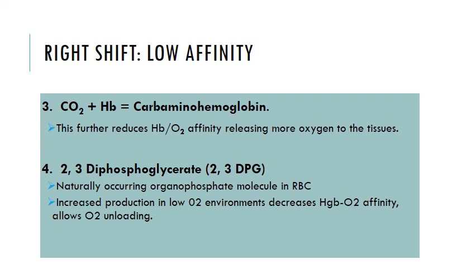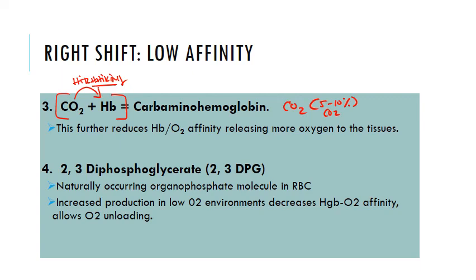So carbaminohemoglobin is the binding of carbon dioxide to the hemoglobin molecule itself. And I like to think of carbon dioxide as kind of hitchhiking on the hemoglobin molecule. We'll see that this is one of about 3 or 4 different ways that carbon dioxide is transported throughout the blood, and this makes up probably about 5% of the total CO2 transport in the blood plasma.